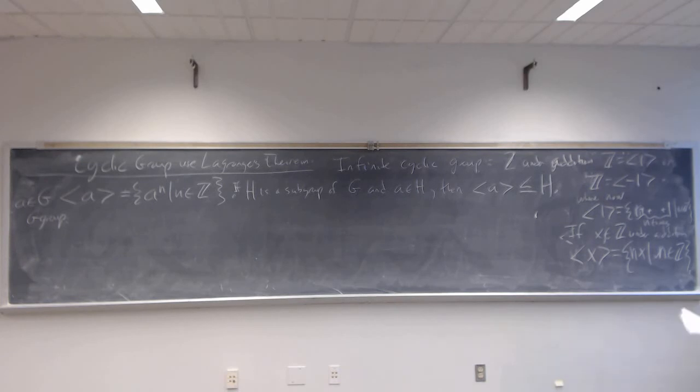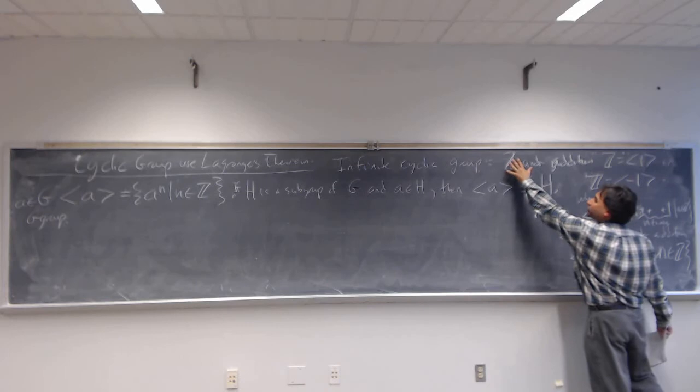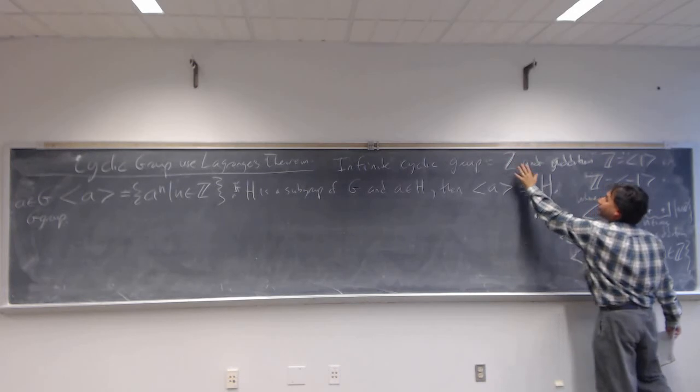So that's kind of the story of infinite cyclic groups. If you remember, I think we proved that if H is a subgroup of it, then by using the well-ordering property, picking a least positive element of it, that actually generated it. All subgroups of the integers are cyclic.